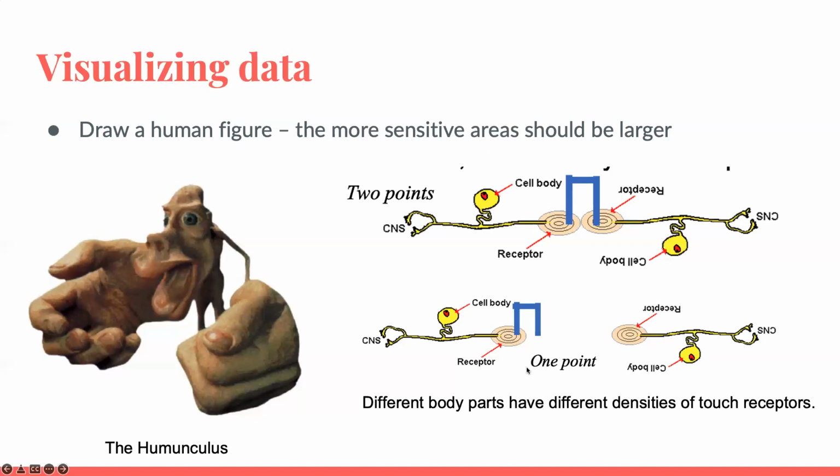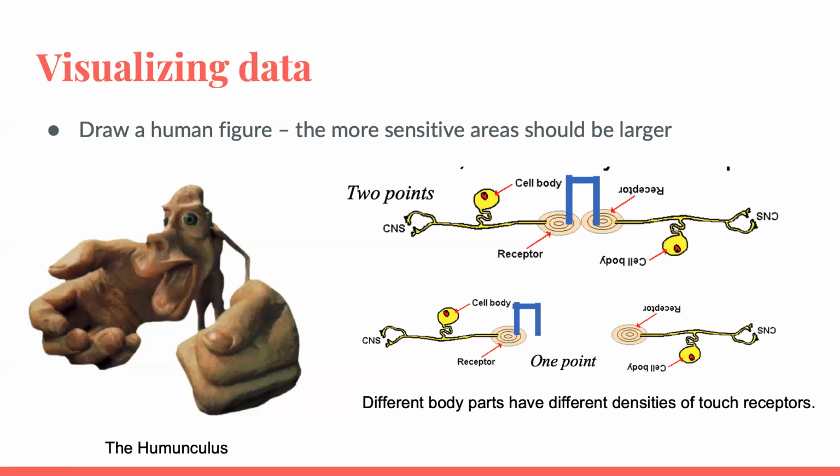So this mapping of sensitivity can really be seen as a mapping of our receptor density, right? Which makes sense. Your hand probably has a lot more touch receptors than your back. The reason is we're always touching, grabbing and feeling things with our hands, but we don't really do that with our back.